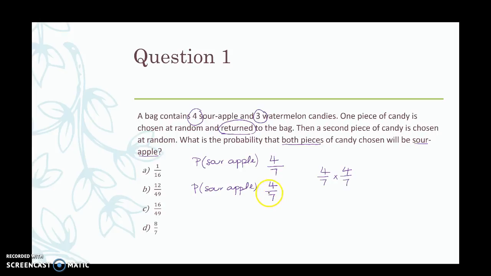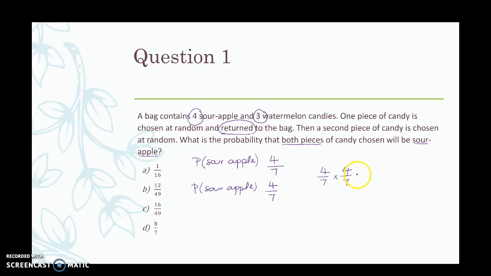And one thing to think about: if he had taken the candy out and eaten it, both the sour apple count and the total would have changed. We would have only had 3 sour apples left, and the total number of candies would have been only 6. But since it was returned, we're able to keep our probability.